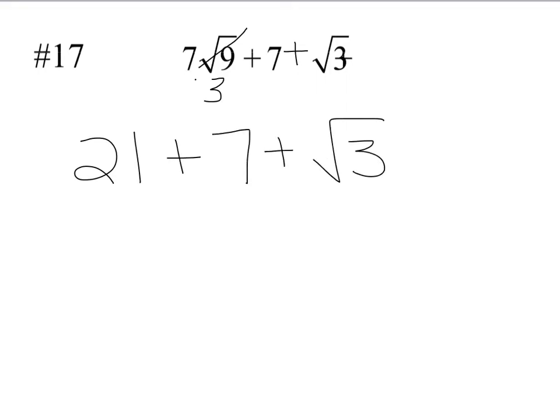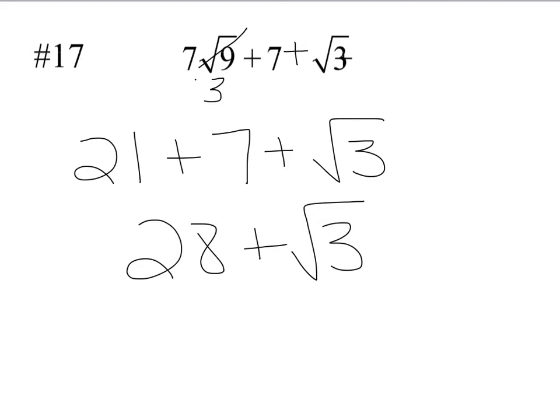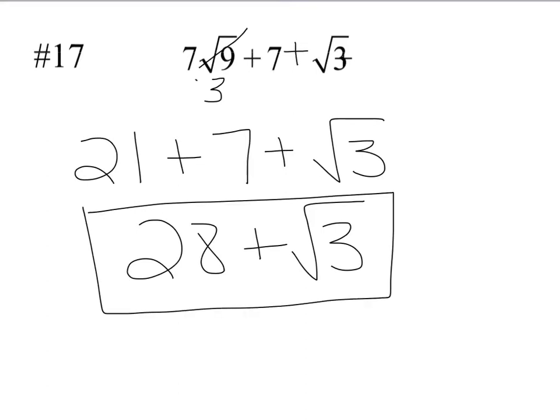We can't reduce or simplify the square root of 3 any further. So 21 plus 7 is 28 plus the square root of 3. And unfortunately, we can't take that any further. So I'm going to go ahead and circle it, and that's it.